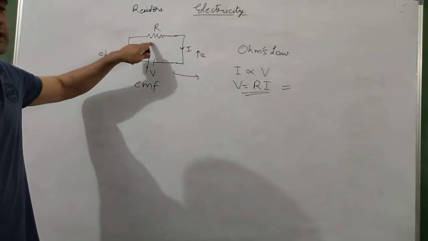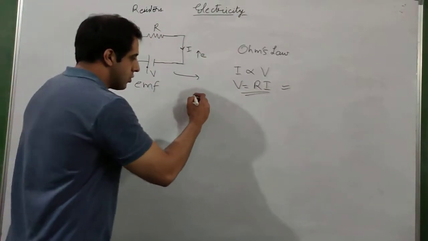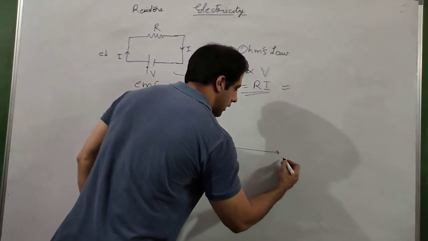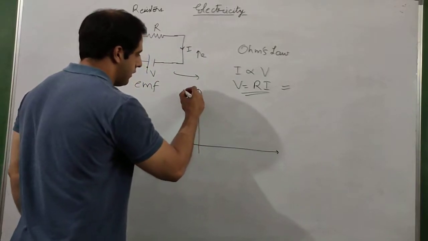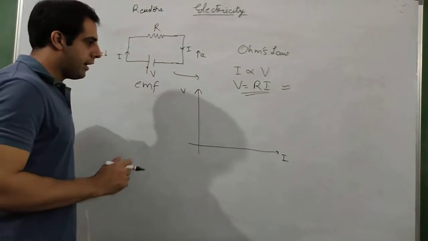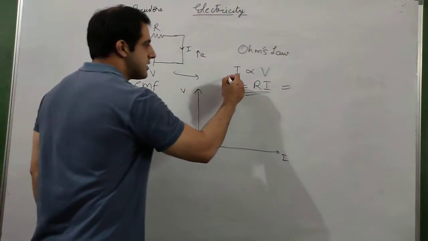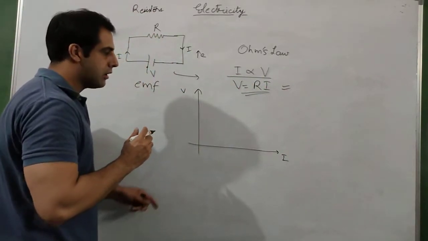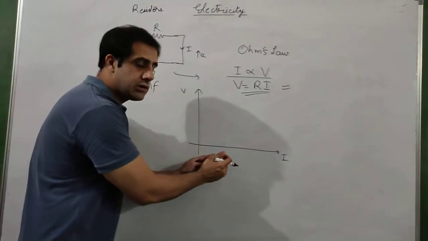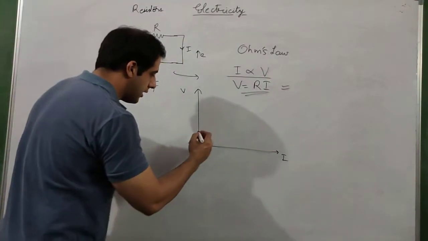This resistance is the same. So if we plot it in the form of a graph, let us say a VI graph, we have V here and I here. Since I and V are directly proportional, if V is increasing in equal quantities, I will also keep on increasing in equal quantities.